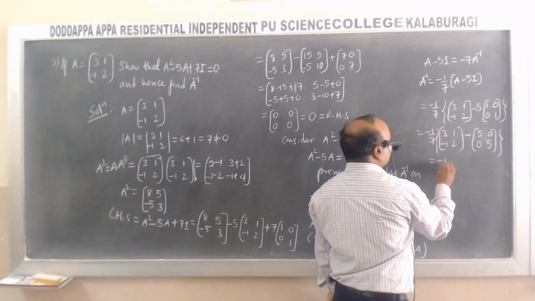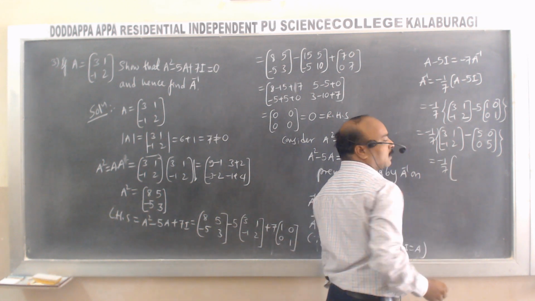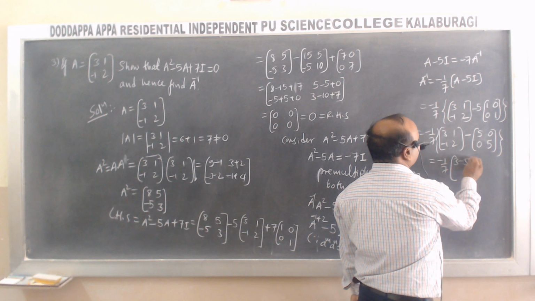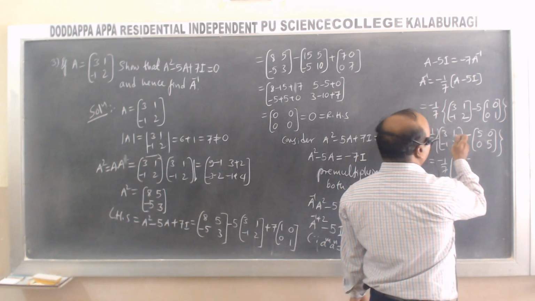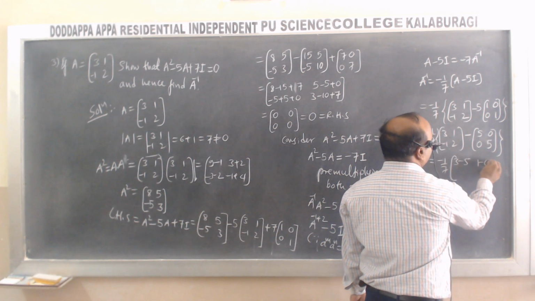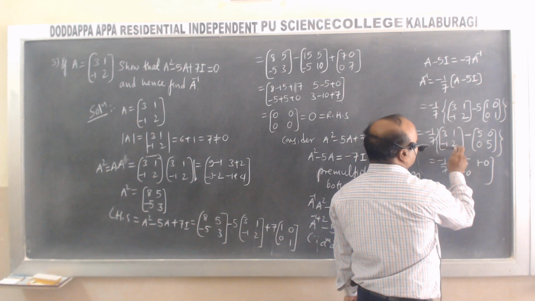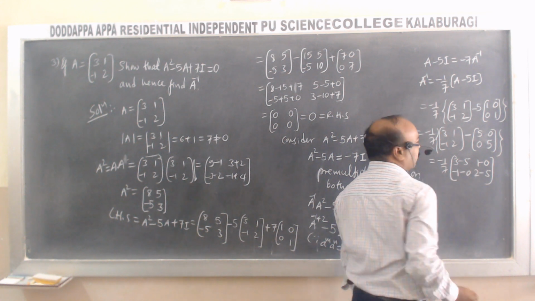Now it is minus 1 by 7 into the subtraction of these two matrices: 3 minus 5, 1 minus 0, minus 1 minus 0, 2 minus 5.